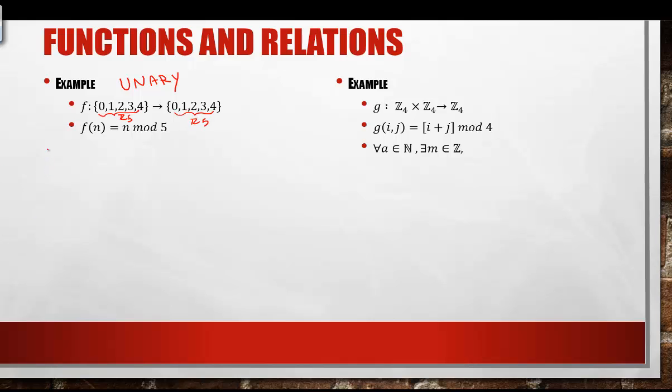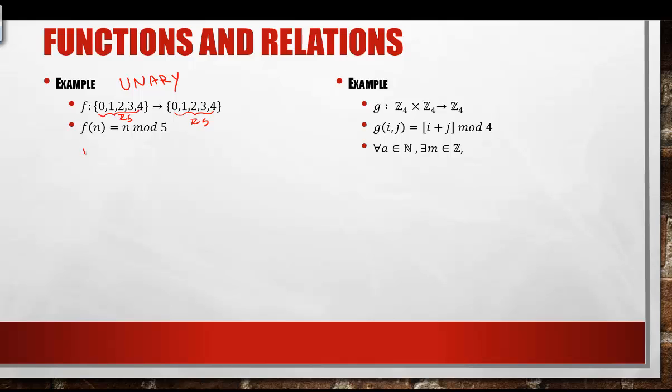Then I can define the function f of n to be n mod 5, then for every single one of these guys, it will calculate its modulo 5, and the output will be that value.